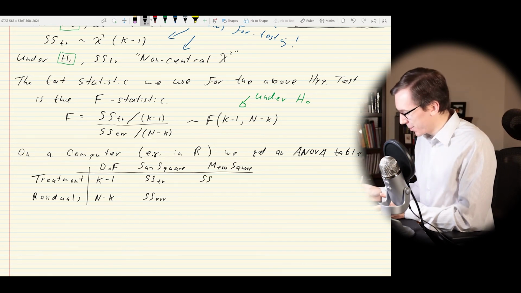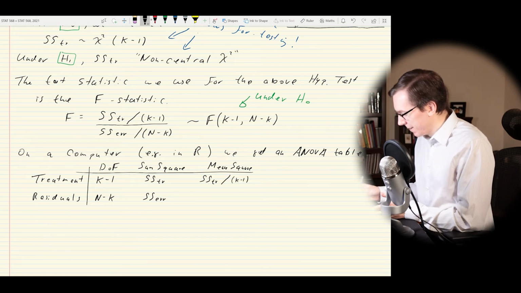We're going to have our mean squared, which is the normalized sum of squares. So in this case, we're just taking our sum of squares and dividing it by its degrees of freedom, in this case k minus 1. And in the other case, we're dividing by n minus k.